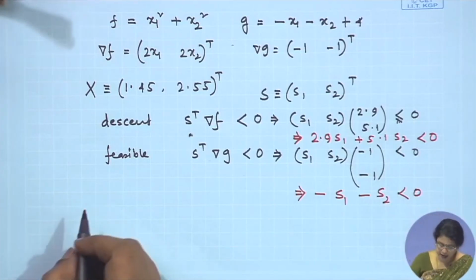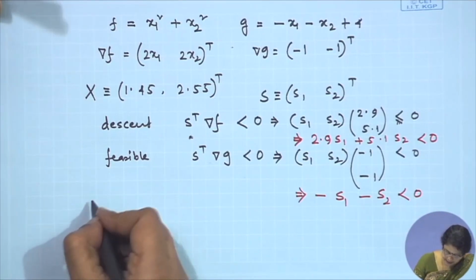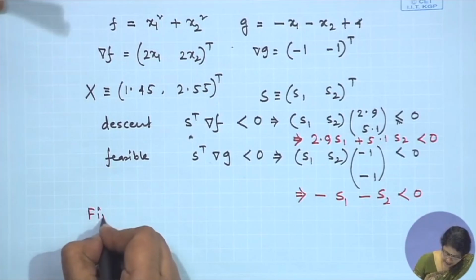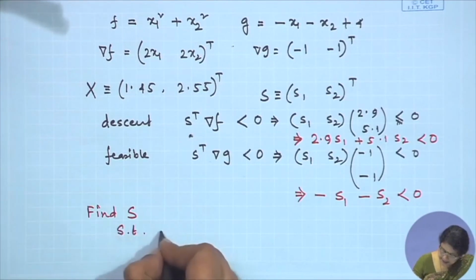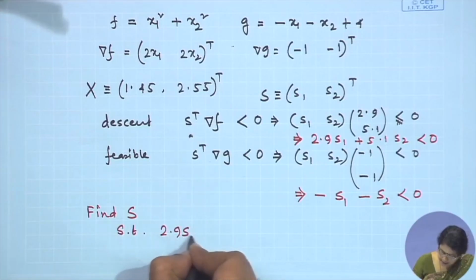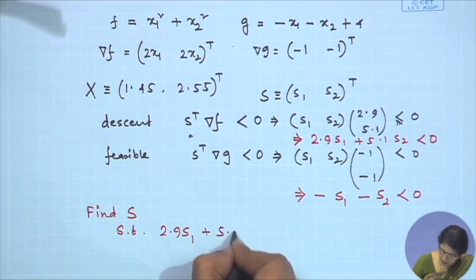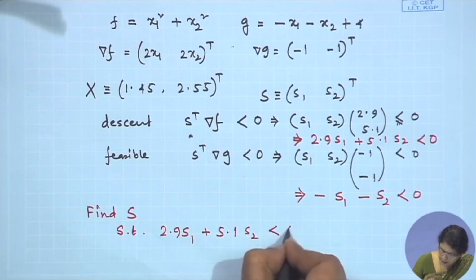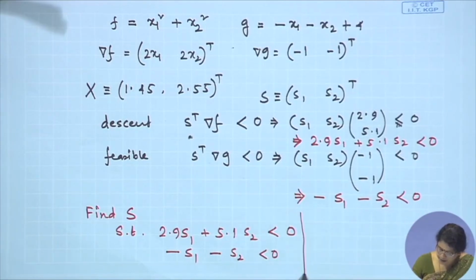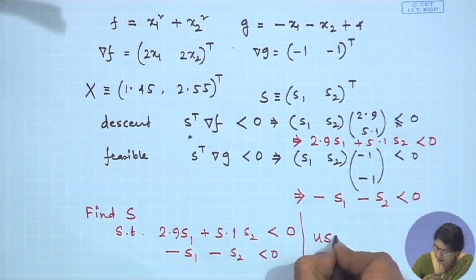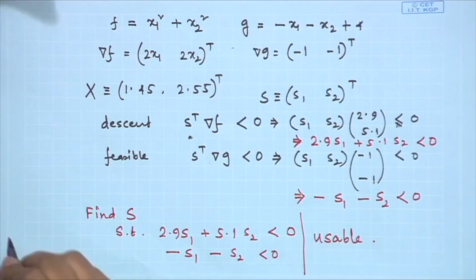That is why if I ask you to find out the usable direction, you will say find S such that 2.9 S1 plus 5.1 S2 must be less than 0 and minus S1 minus S2 must be less than 0. That must be the usable direction.